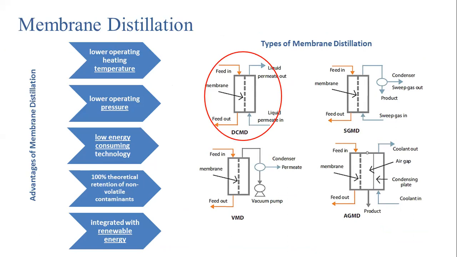Basically, in DCMD, the permeate is in direct contact with the membrane. So the permeate is liquid and in direct contact with the membrane. This is why it's called direct contact membrane distillation.